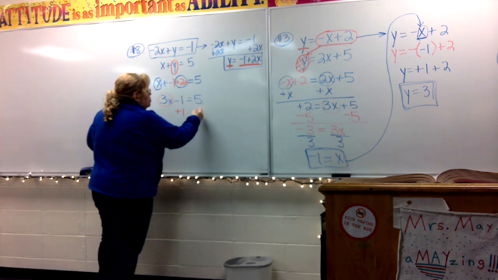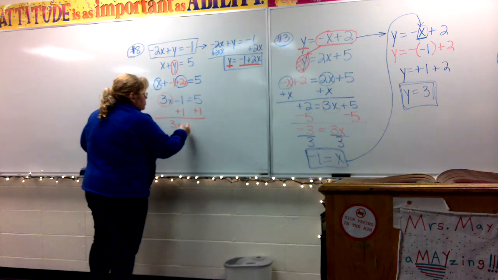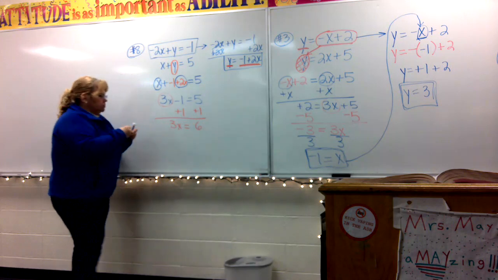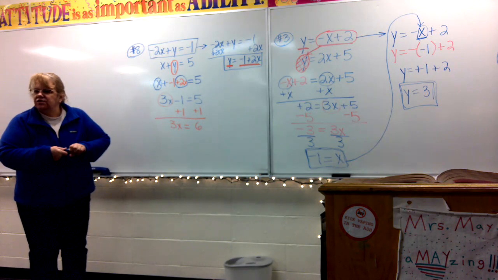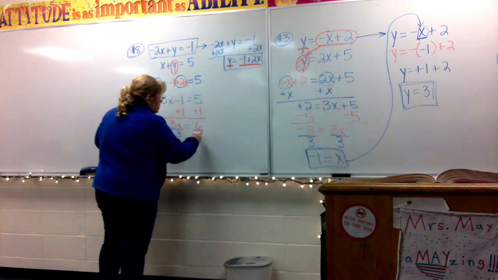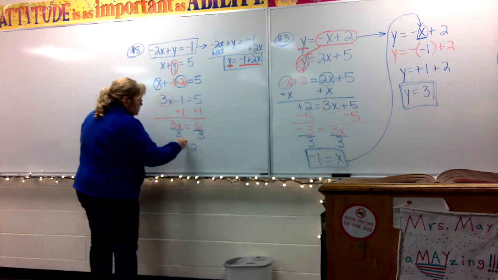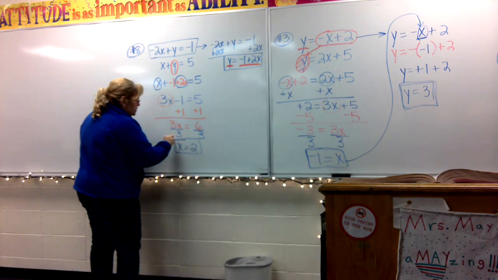Add 1, add 1. So you have 3x equals, what next? Divide by 3. X equals 2. Am I done?